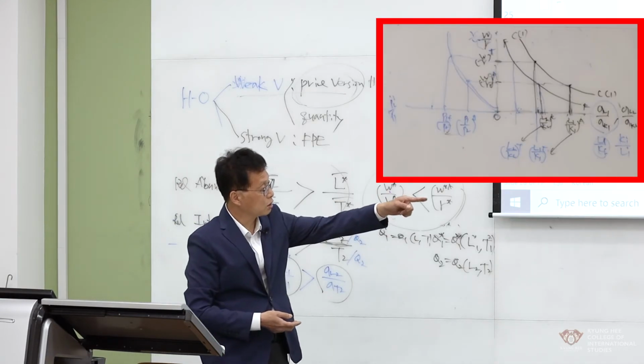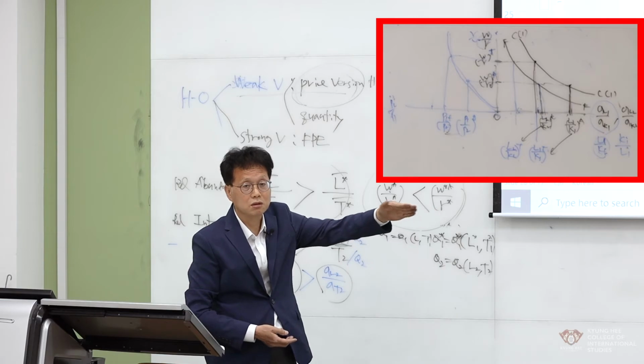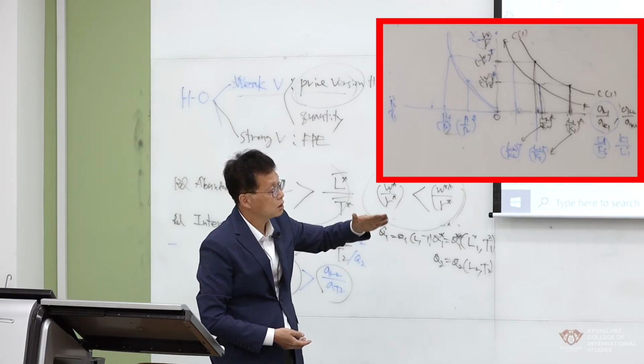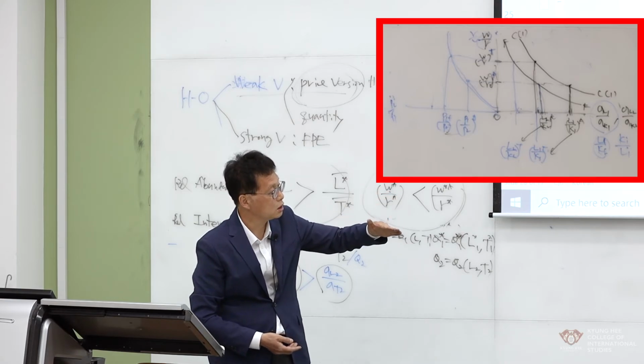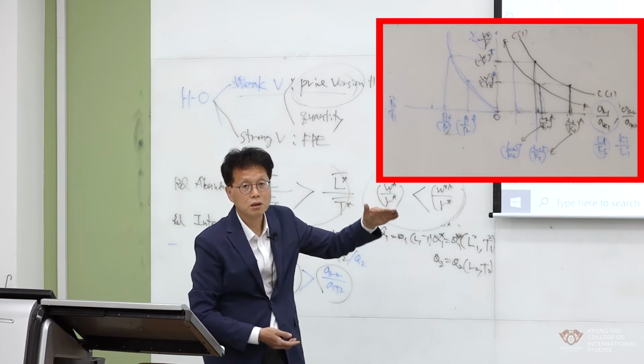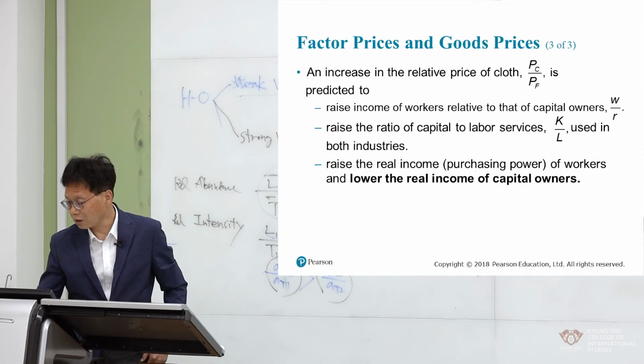So we know that L1 over K1 and L2 over K2 drop. In other words, K1 over L1 increases and K2 over L2 increases.